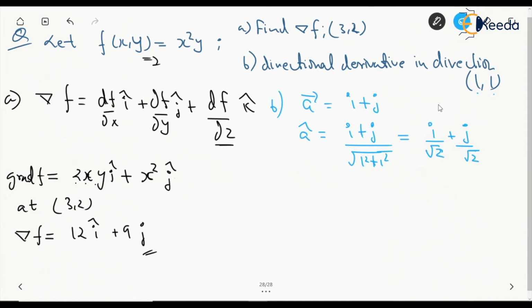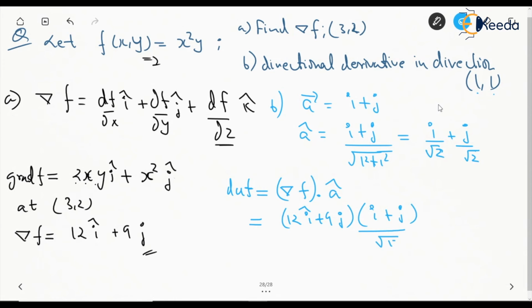Now this directional derivative Du f will be given as the gradient dot unit vector a. The gradient won't have a dot. So this is 12i plus 9j dotted with i plus j divided by, let's say, root 12.